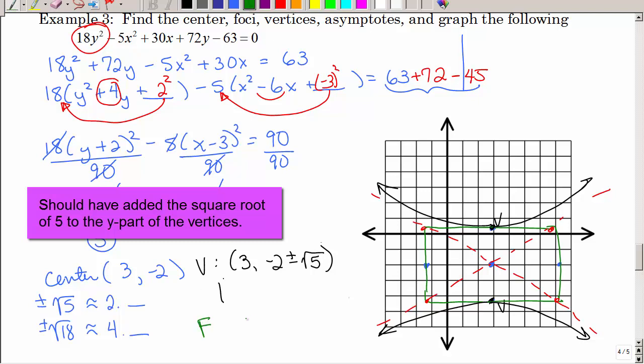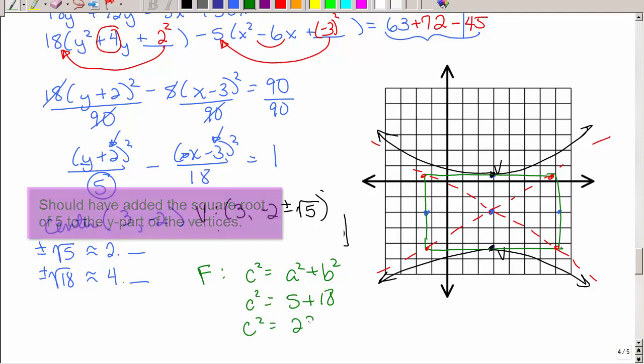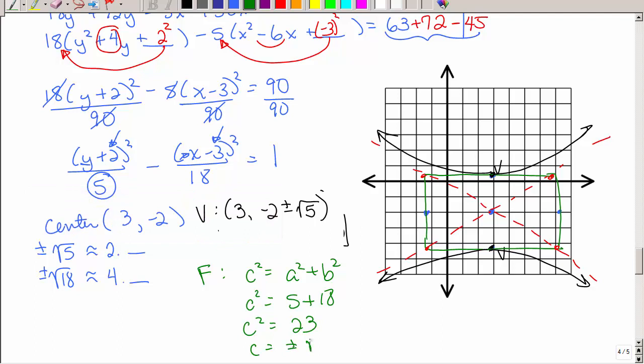Then my foci, I need c squared equals a squared plus b squared. So my foci, again, from my center, from the y value, I add and subtract that square root of 23.